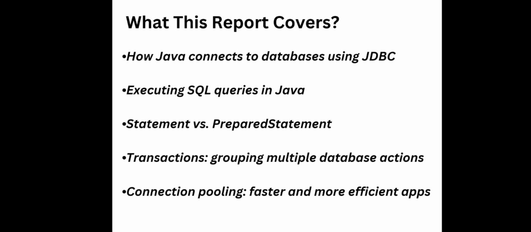We will also discuss transactions, which allow multiple database actions to be grouped together, and connection pooling, which improves the performance of applications. Overall, this report aims to show how JDBC supports effective and secure database operations in Java applications.